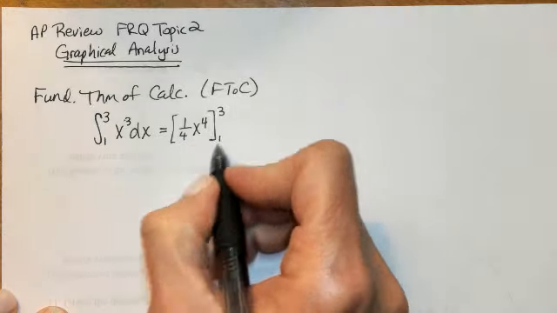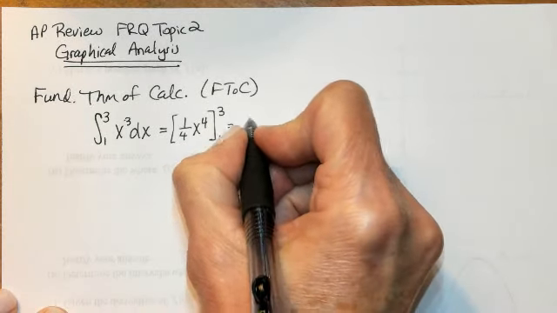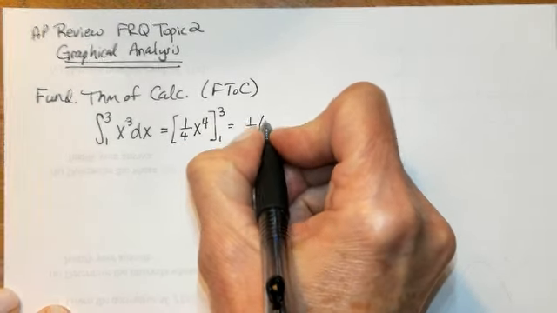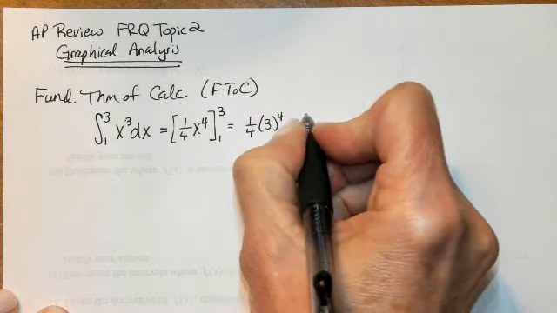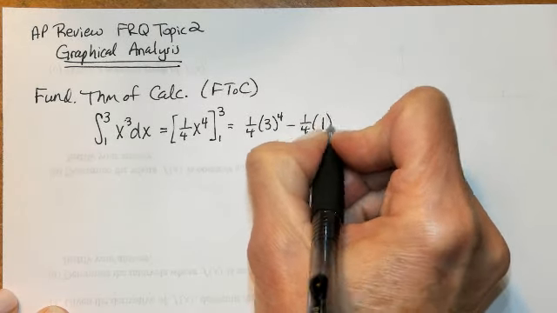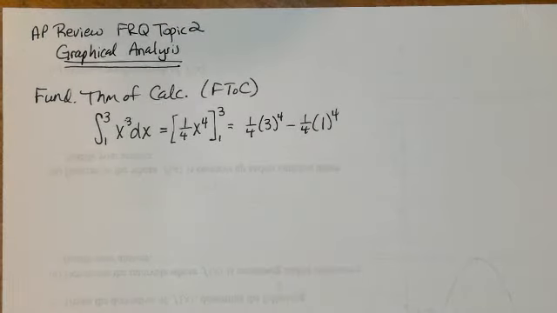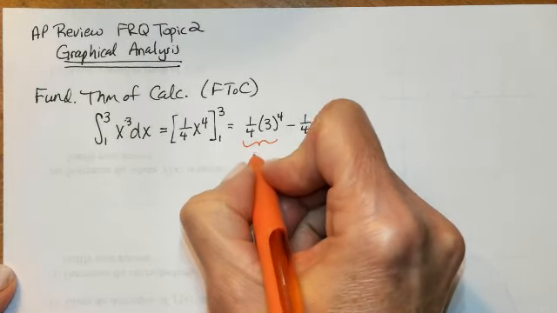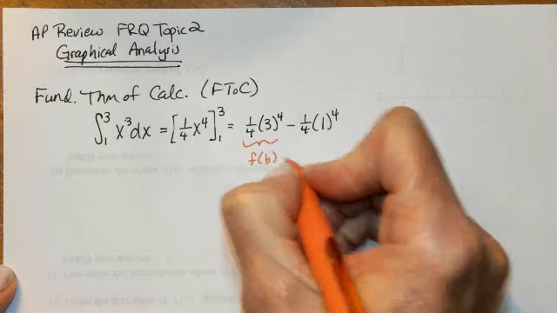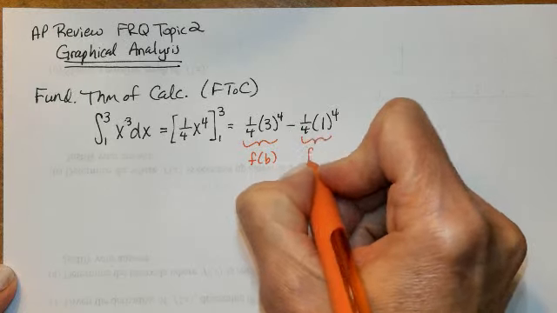That's the fundamental theorem part of it, and so we get 1/4 of 3 to the 4th minus 1/4 of 1 to the 4th. This is our F of b in the fundamental theorem, and this is our F of a.